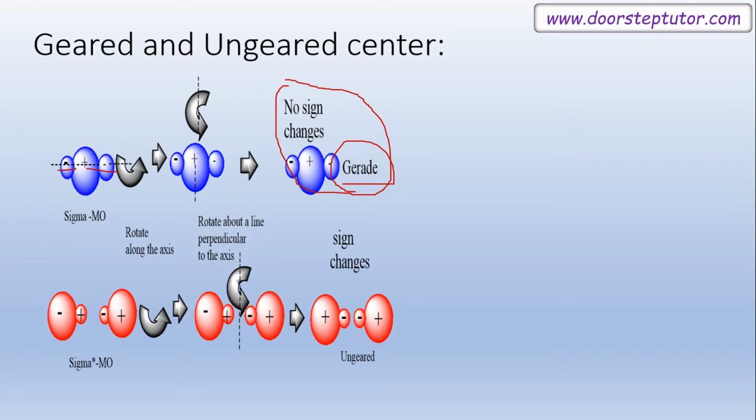Is that clear? Right. Next, here you can see this is an anti-bonding molecular orbital, not a bonding molecular orbital. Here you can see the positive lobe, and here the lobe is having a negative sign. Generally this is constructive overlapping, and this is destructive overlapping.